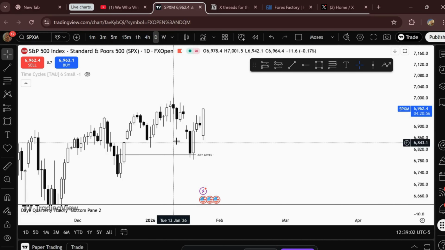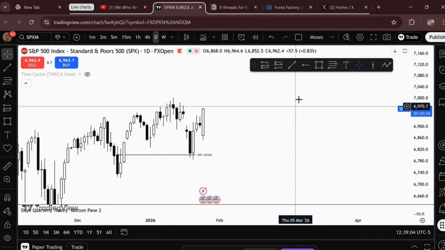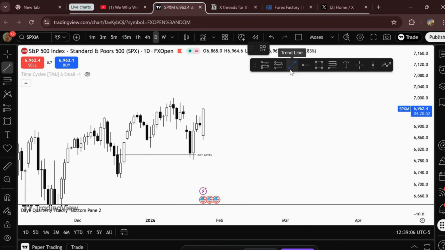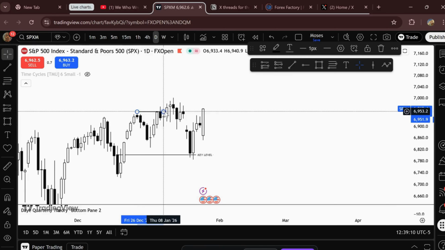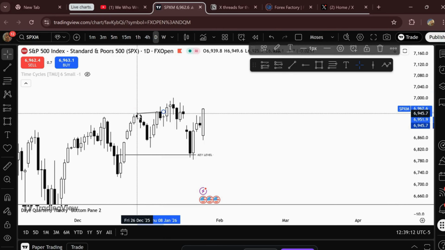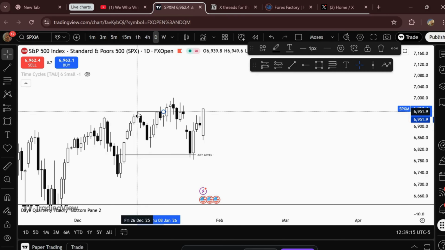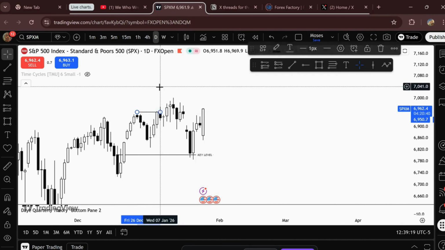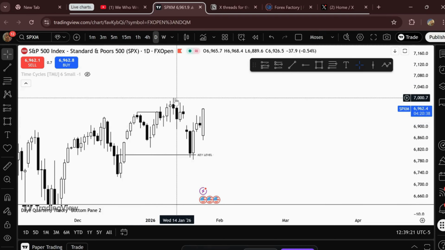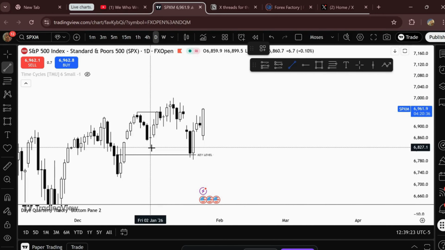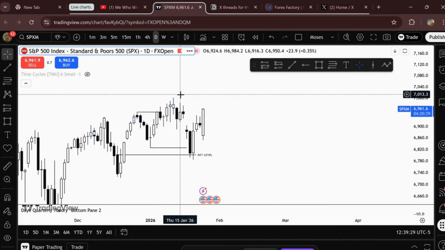Okay. And the second question we want to ask is, in the daily, what is the daily range? So we have price running out these buy sides resting above these highs, right? And then price, after running out these buy sides, came back and took out this sell side resting below these lows as well, right?